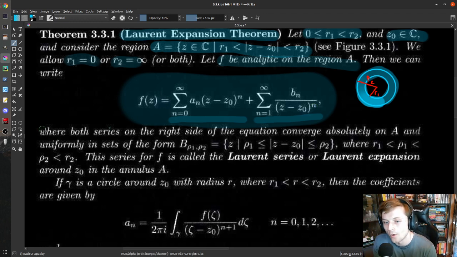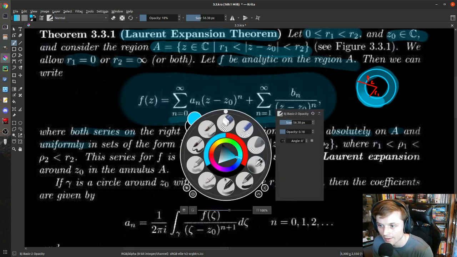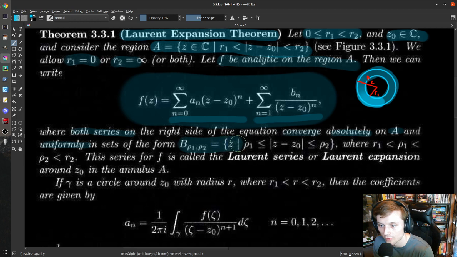So what we're claiming is that both series converge absolutely on A and uniformly in sets of the form B(ρ1, ρ2), which is the set of points in little annuluses inside of our set, right?